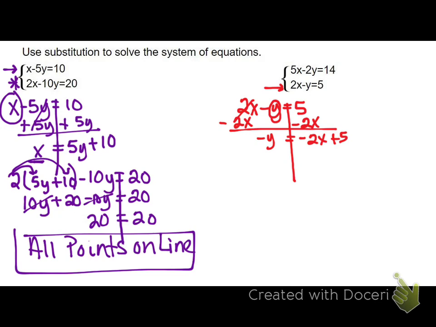Okay. So now we should divide by 1. Not by 1, but by -1. So we got to get rid of that negative sign. So then y is going to equal, what's negative 2x divided by -1? Positive 2x. Okay. What's positive 5 divided by -1? Negative 5. Good.